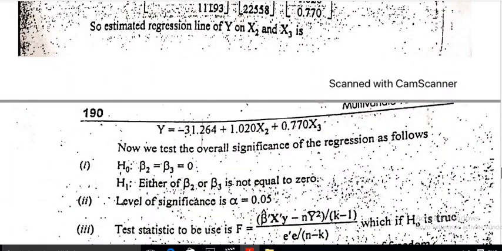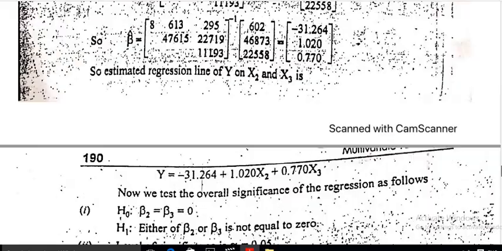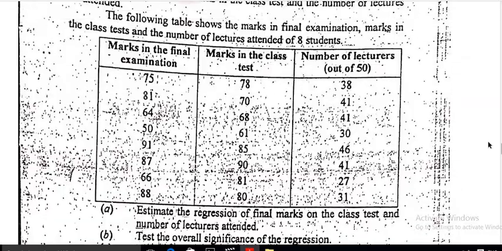The values of e will be obtained by replacing the values of x2 and x3 in this equation. The x2 and x3 values are given in the table: x2 is equal to 78, x3 is equal to 38; again x2 is equal to 70 and x3 is equal to 41.